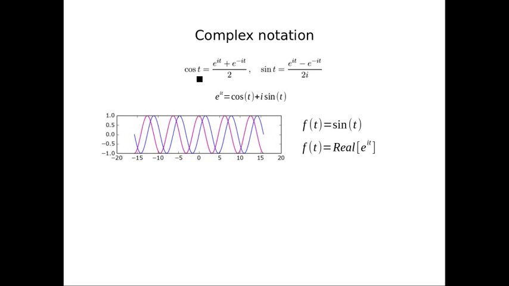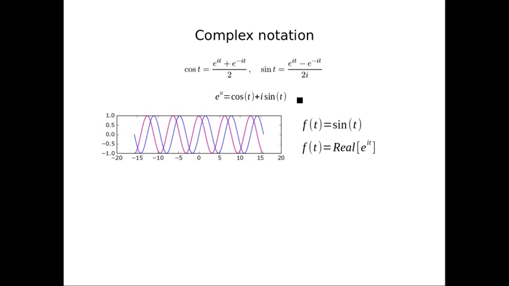So cosine of t is the sum of two exponentials over 2, and then sine of t is the difference of these two exponentials, e to the it minus e to the negative it over 2i. And these both come from Euler's formula, e to the it equals cosine t plus i sine t.